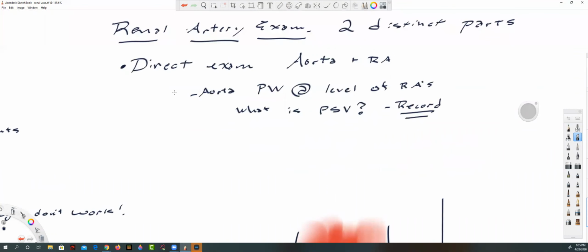So let's do a direct exam. This is step number 1: peak systolic velocity. All right, step number 2, renal artery. Obviously, right renal artery, left renal artery.